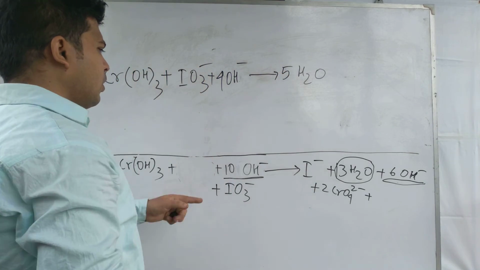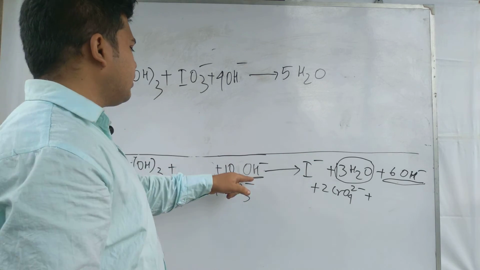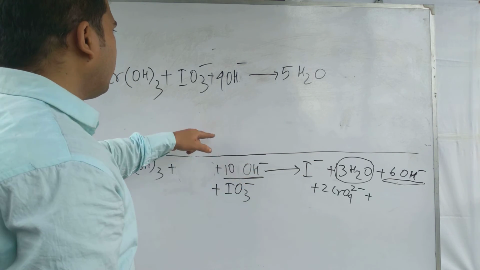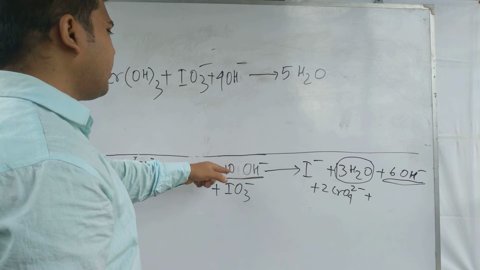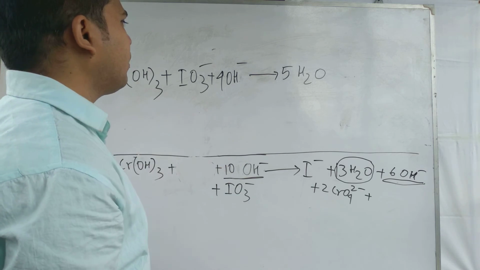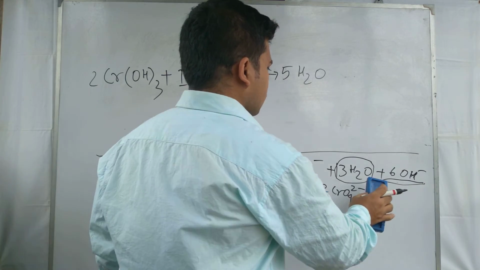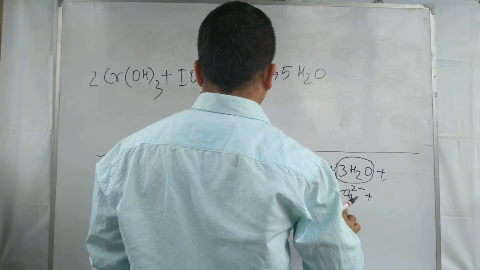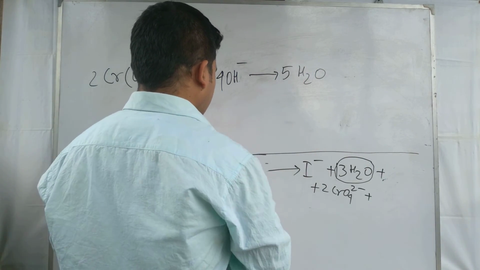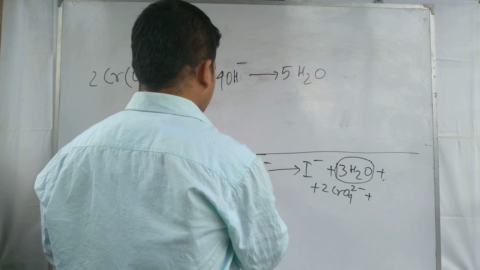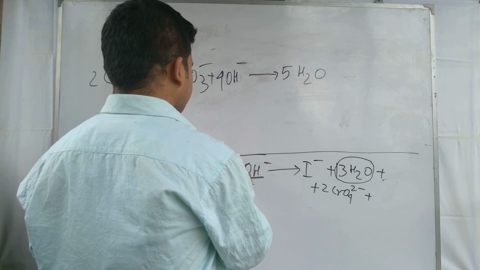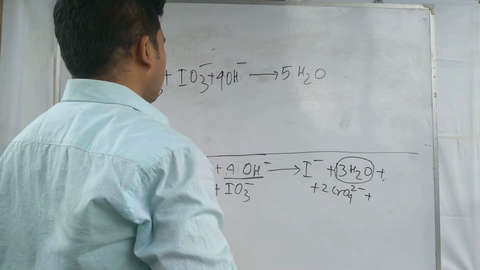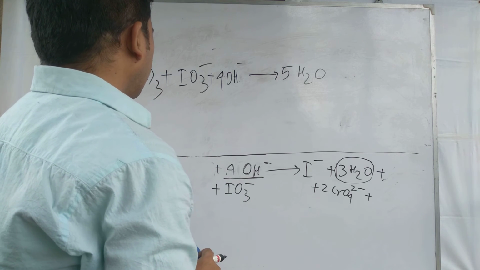Because 6 OH minus is removed from both sides, you can write only the 4 OH minus. So we remove this 6 OH minus, and here you can write 4 OH minus.